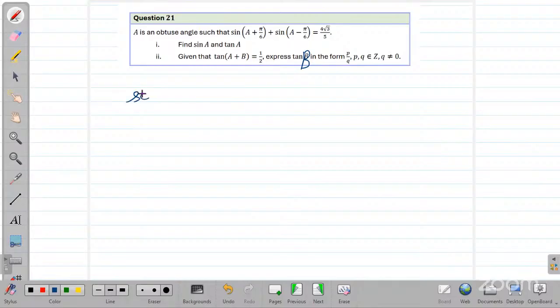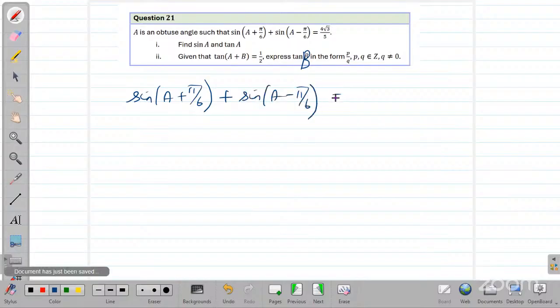Here we'll take the expression sine A plus pi over 6 plus sine A minus pi over 6 equals to 4 root 3 over 5. Now sine A plus B, oh, that is multiplication. Okay. Now sine A plus B plus sine A minus B will be 2 sine A cos B. That's the formula.